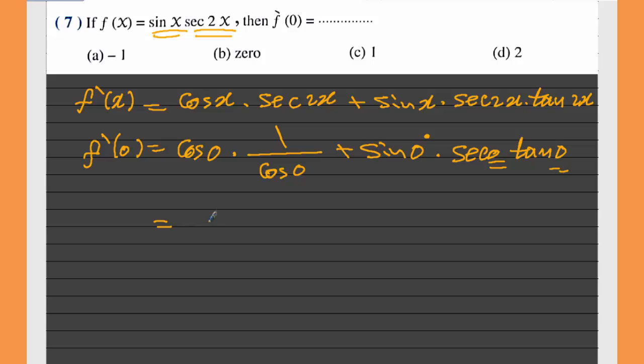So here we have 1 multiply 1 over cosine 0 equals 1 plus sine 0 equals 0. So this term equals 0 and the result here equals 1, and we choose letter C.